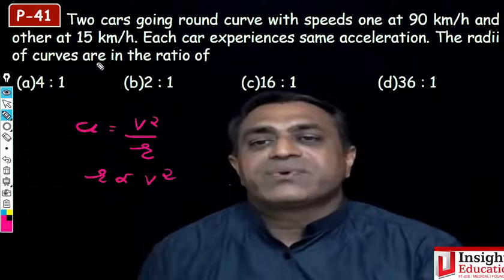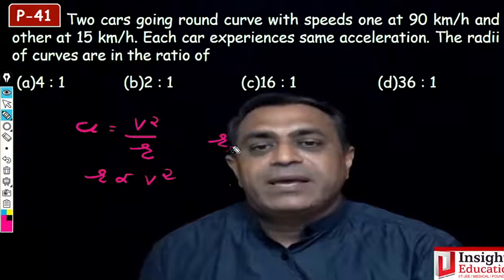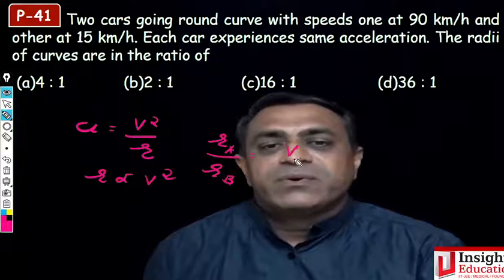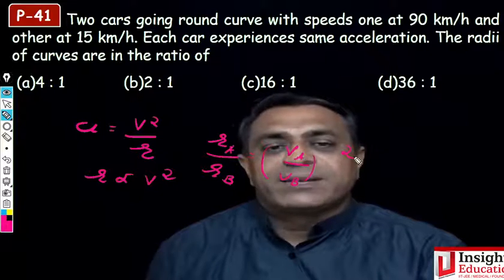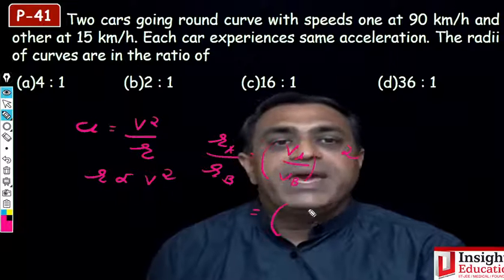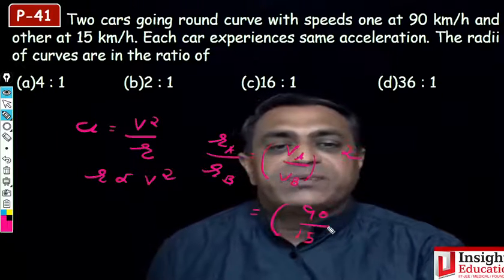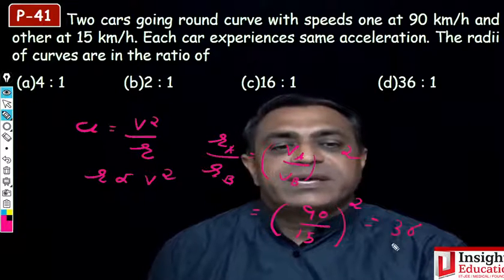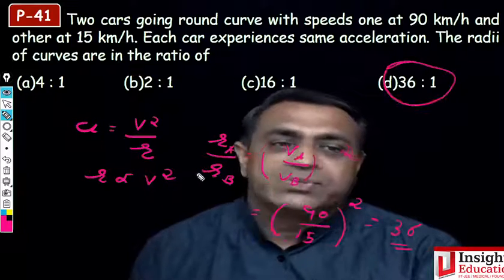The radii of curvature are in the ratio, so find RA upon RB. That is equal to VA upon VB whole square. VA is 90, VB is 15, so 90 by 15 whole square. So I can say 36. The answer is 36.